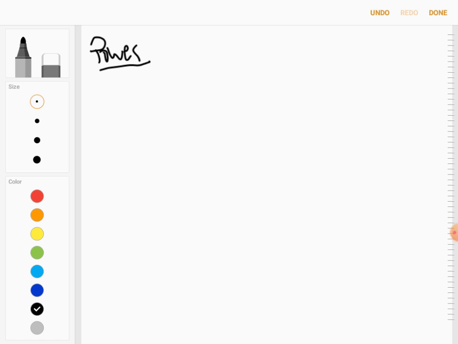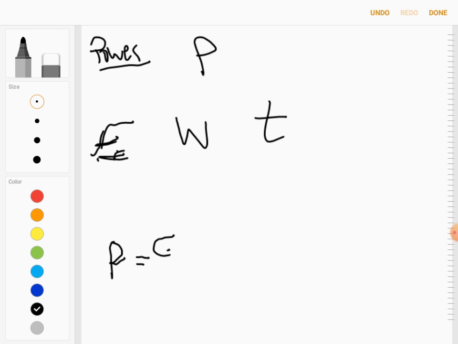The symbol for power is just the uppercase P, and it is the rate at which energy, E, is expended or work is performed in time, T. So the equation for power is E over T, or W over T. That's the case.